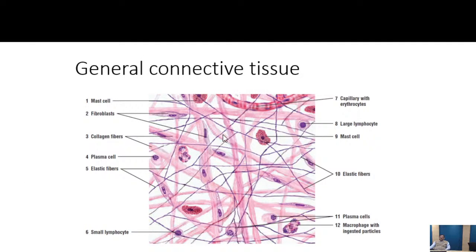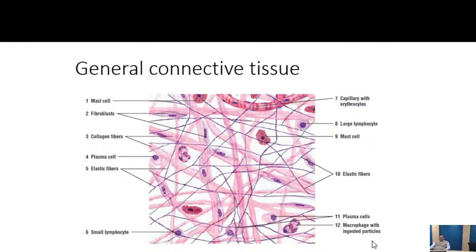When you look at the organization of the connective tissue, you can see over here that these are mast cells, and this is a plasma cell, and then macrophages are also here.